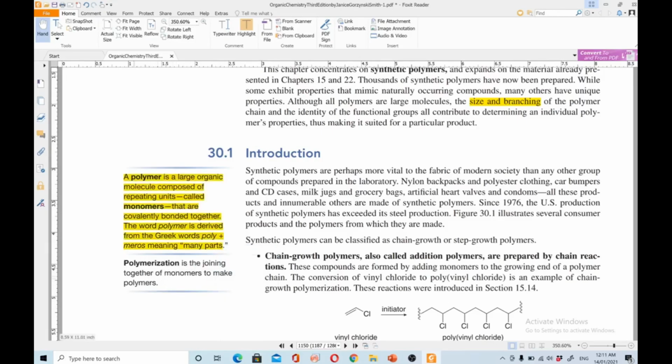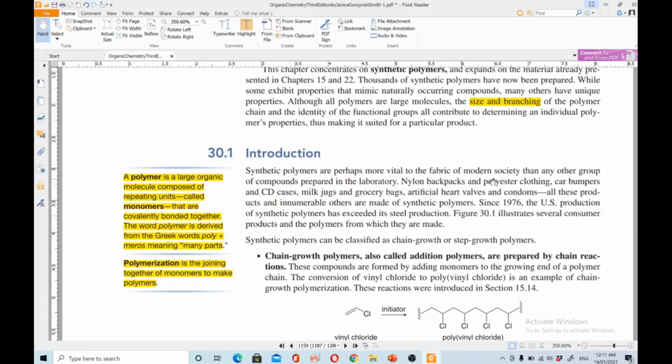Polymerization is the joining together of monomers to make polymers. The process by which polymers are made is called polymerization. Synthetic polymers are perhaps more vital to the fabric of modern society than any other group of compounds prepared in the laboratory.